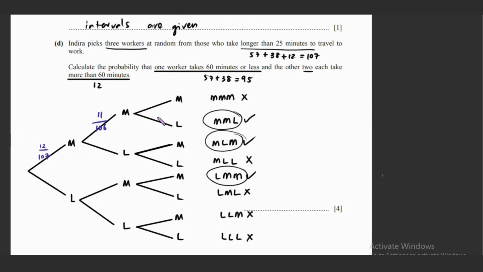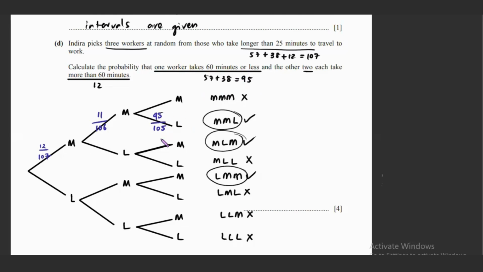So to find this one, in this case, again, the total that we would have will be out of 105 because two workers are already picked out of these 107 workers. So the third worker to be picked will be out of 105. And it's going to be L, which means they're going to take 60 or less, which means there are 95 such workers.